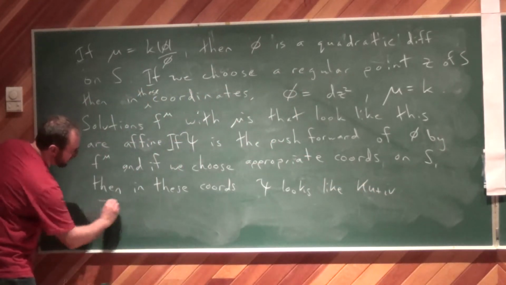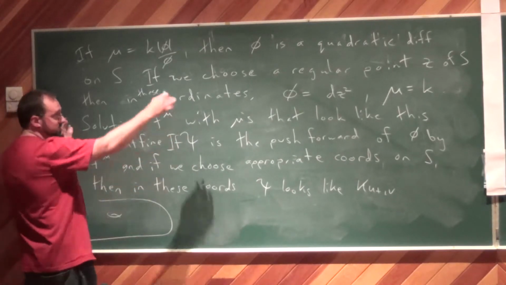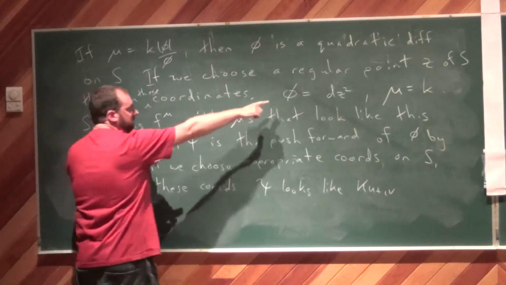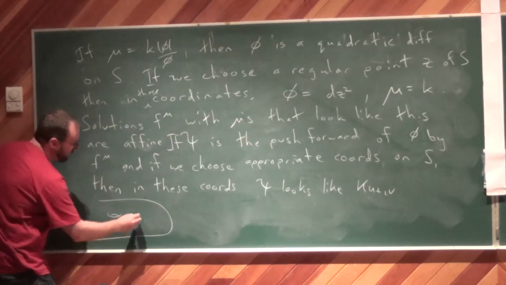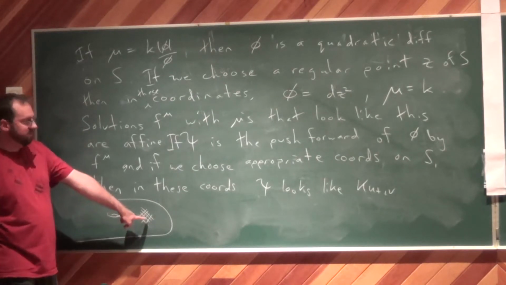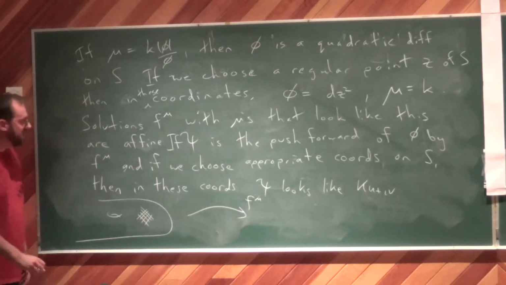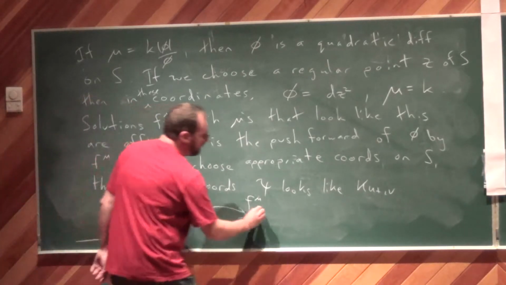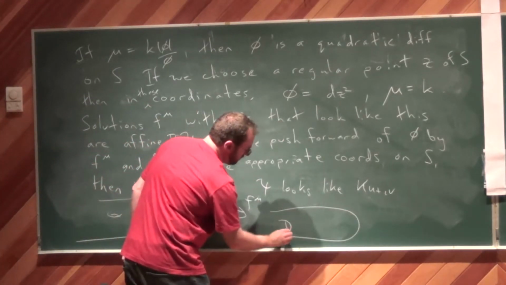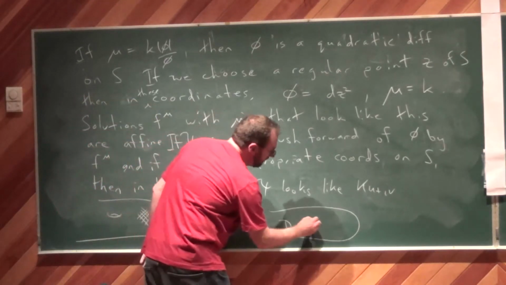In other words, on our surface we choose coordinates based on our quadratic differential phi, and we get coordinates that look like this. And then when we hit this by our Teichmüller map f mu, what's happening is that these are getting stretched in a particular direction.